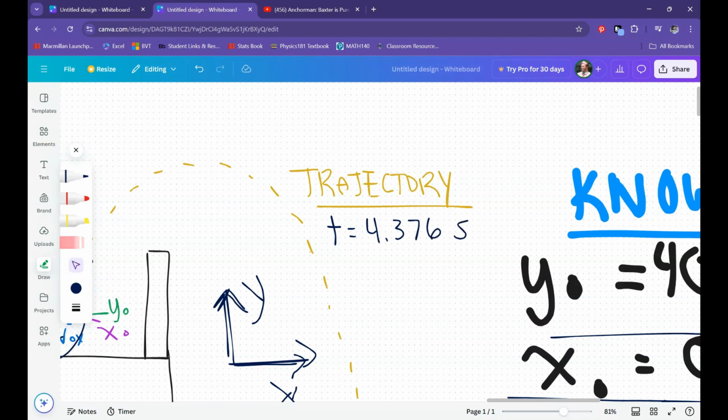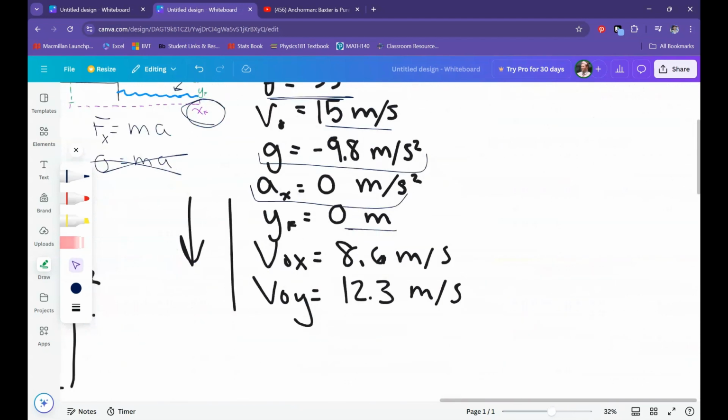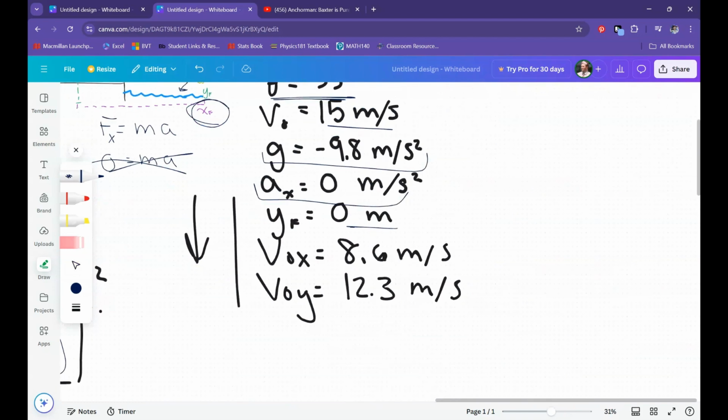We can also put that into our knowns table if we really need to: t equals 4.376 seconds. But we're not entirely done because we wanted to know what xf is equal to.